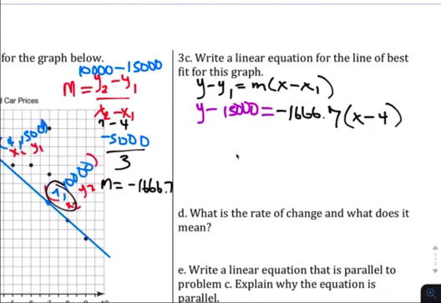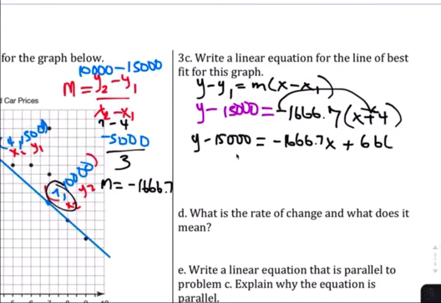Okay, and then you would do y minus 15,000 equals negative 166.7x plus, the reason why it's positive is because you have two negatives making a positive, 666.7 rounded to the nearest 10.